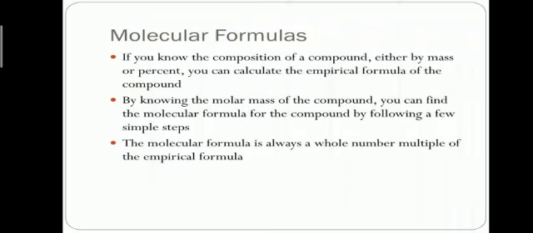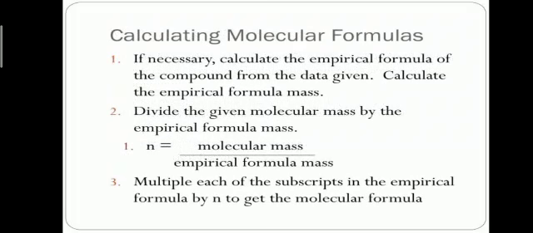Molecular formula. If you know the composition of a compound, either by mass or percent, you can calculate the empirical formula of the compound. By knowing the molar mass of the compound, you can find the molecular formula by following a few simple steps. The molecular formula is always a whole number multiple of the empirical formula. So, how can the molecular formula be calculated?